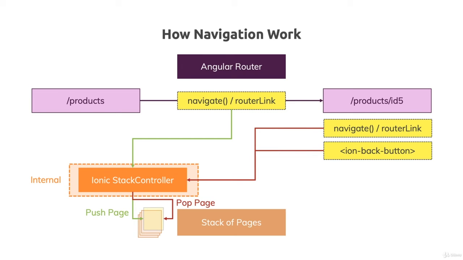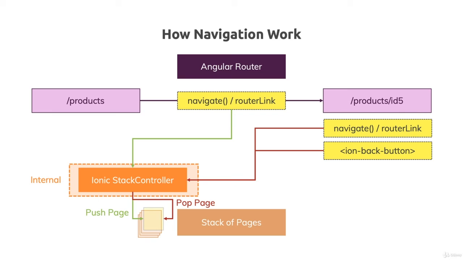Now, in case you're wondering how it knows whether a navigate call is meant to go forward or backward, it basically has a look at the internal ID of your navigation action, and it turns out that by that ID you can determine whether the new route is basically one step ahead of the old route or behind it, so to say. So you don't have to worry about that. Ionic is really smart about finding out if you're going forward or backward. And that in turn is important for playing the right animation for transitioning from pages.